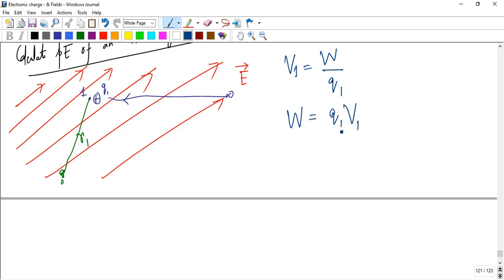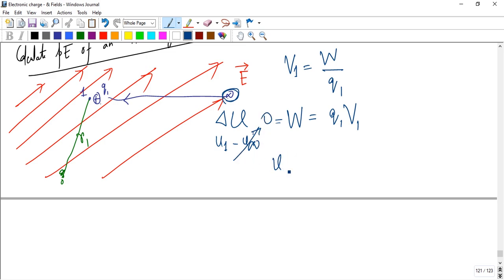The W came from bringing the test charge from infinity to point 1. So the potential energy difference delta U is the final minus the initial. The initial, at infinity, is potential 0.